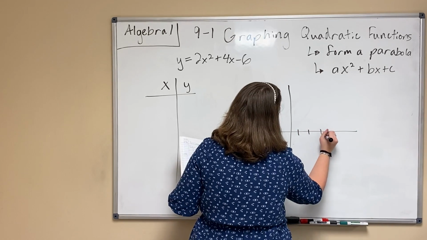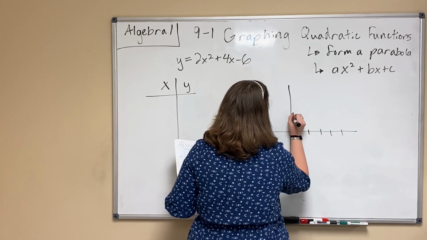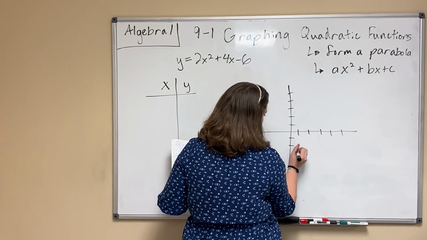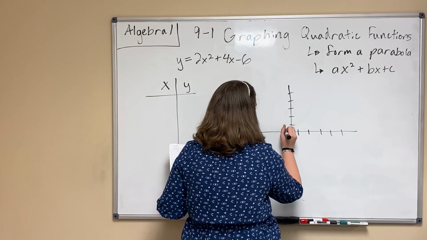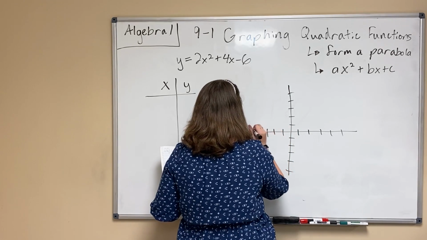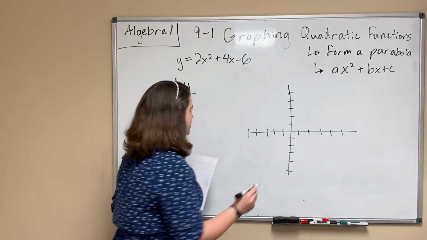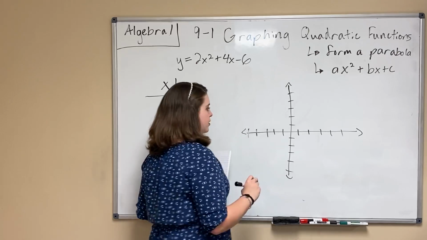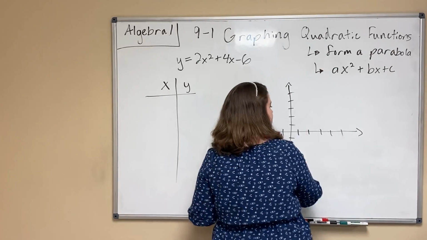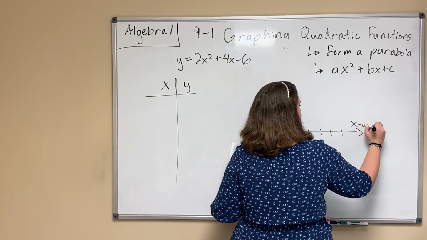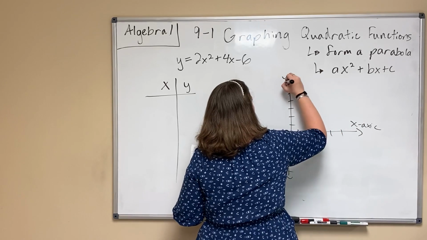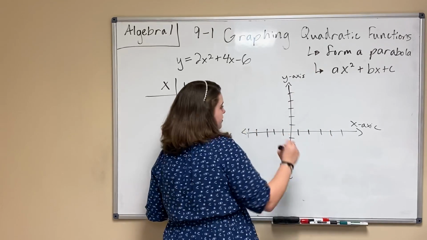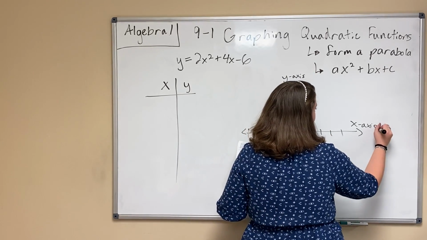We'll see if we need more points than that as we go. Now when we look at this, we know that we have our x-axis going this way, and we have our y-axis going up and down.